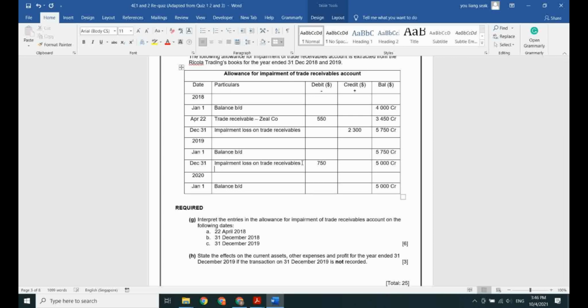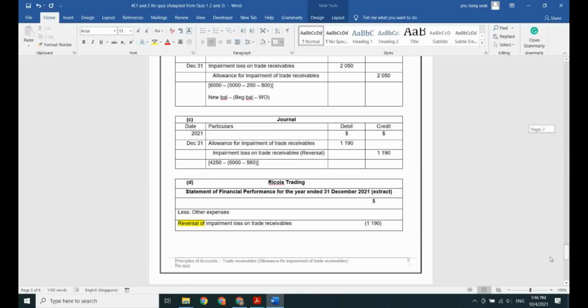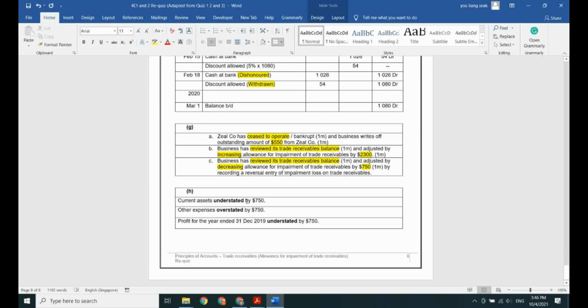Over here we are crediting expense, which means we are reducing the expense, right? And in this case, we will debit the allowance, which means the allowance balance is decreasing. Allowance decrease means trade receivables will increase, right? However, if we don't record this increase, then current assets will be understated by 750.